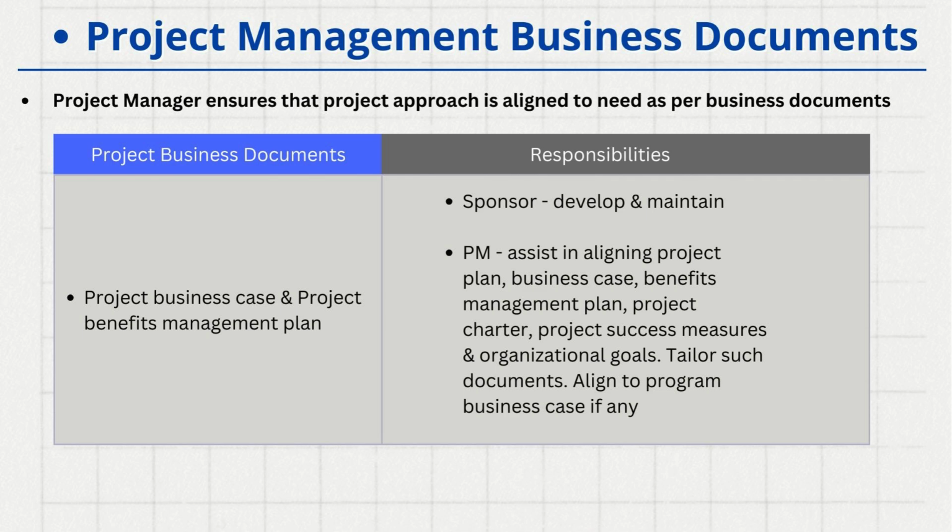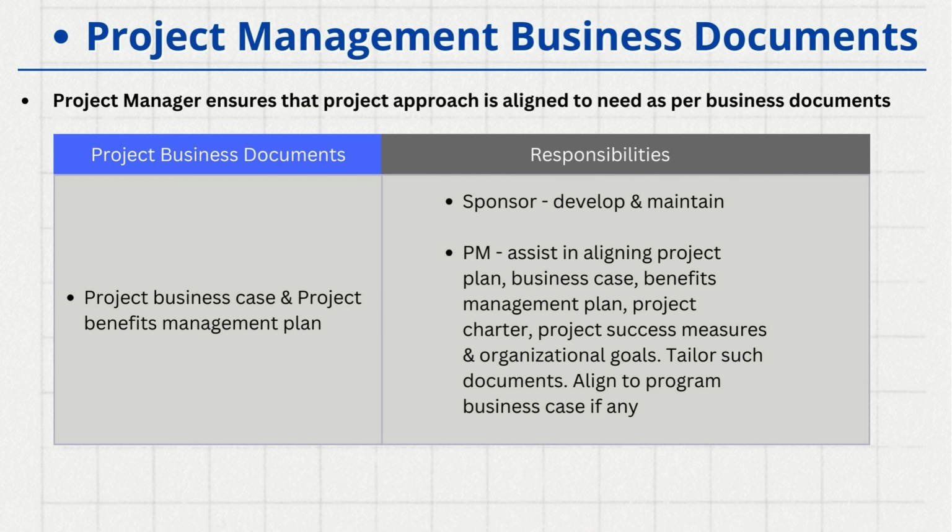Especially from the business side, you will find a couple of key documents, as I mentioned earlier, the project business case and the project benefits management plan. These documents are developed by the sponsor, and the project manager's responsibility is to align the project plan with the business case or the benefits management plan. Even the project success measures, organizational goals, and most importantly, some of these documents must be tailored to align with the program's business case.